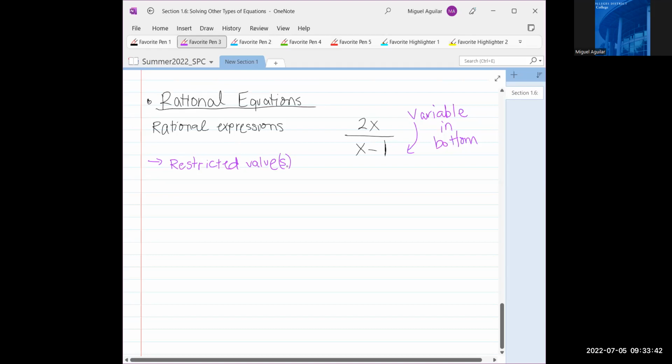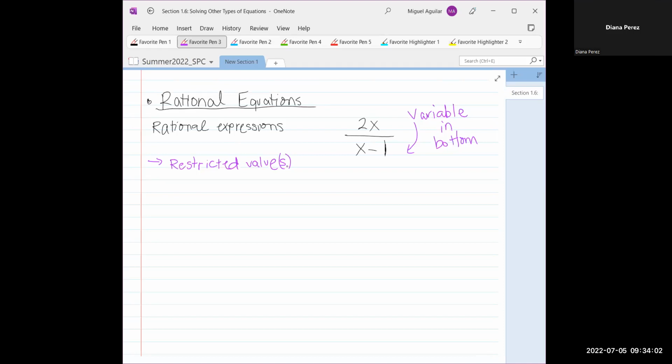If you look at this expression that I wrote down, 2x over x minus 1, can anybody tell me what the restricted value or values are for this expression? You guys remember how to find it? No? Okay, good.